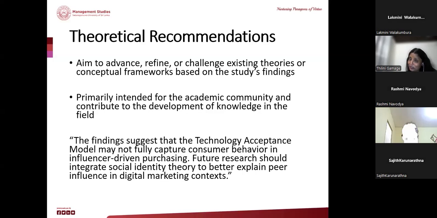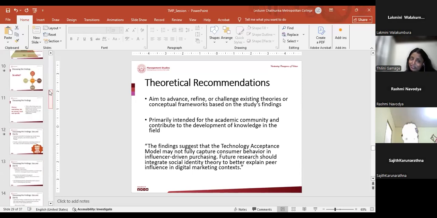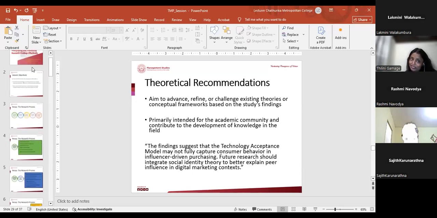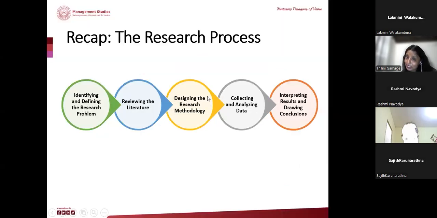And that's what I told you. If you can remember, when it comes to the research process, the first slide that I shared with you, I mainly divided it into 5 main categories. And don't think that these categories are different from one another and do not relate to one another.